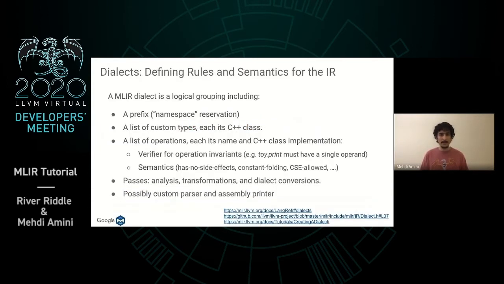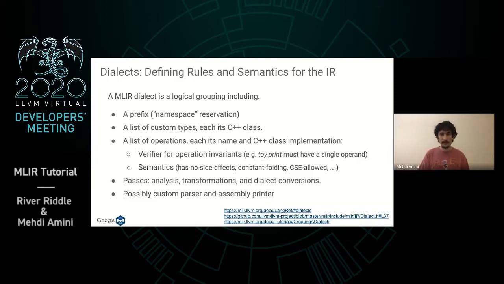So what is a dialect? Again, you'll hear a lot about dialects in the MLIR ecosystem. You can think of a dialect in compiler IR like you think of a C++ library in software. At minimum, it is a namespace where you're going to group a set of types that you're going to define, a set of operations that operate on these types, or operate on types defined by other dialects, and a set of custom attributes.